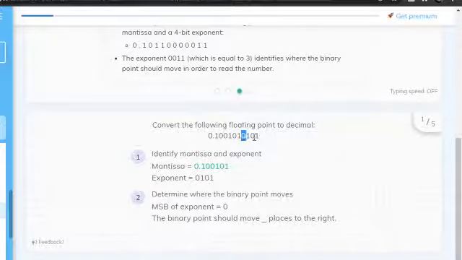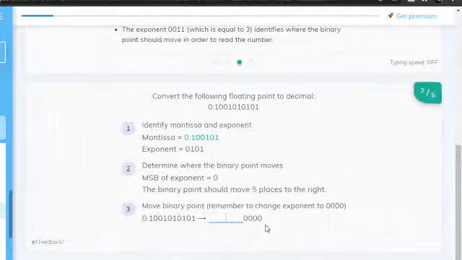In the real exam, they would give you the exponent instead of just letting you decide. It determines where the binary point moves. The binary point should move how many places to the right? This number here is 5, so it should move 5 places, considering the exponent is 5.